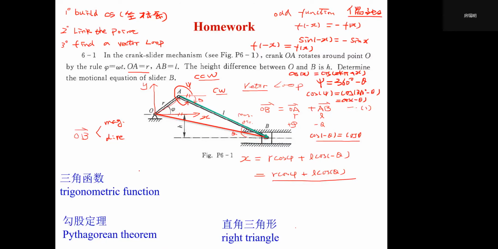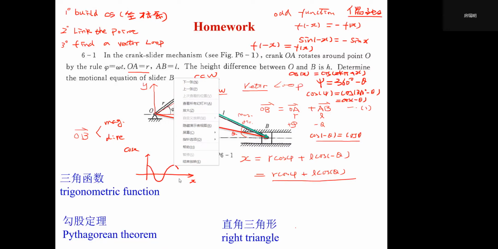If I draw the cosine function's curve, it should be like this, and if we keep drawing it, more like this.